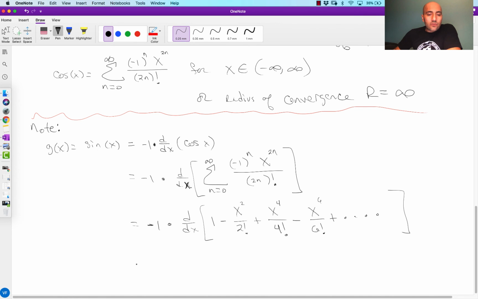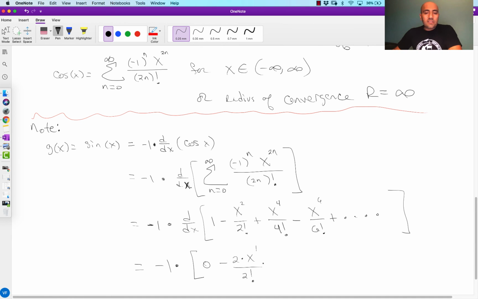Okay, so now we can take derivatives one term at a time. This is -1 times... the first one is going to be 0, so we'll end up with a 0. Now the derivative of the next one, remember, it's just with respect to x, so this is some constant, some number. Don't worry about the derivative of 2 factorial; that looks messy, but it has nothing to do with the x. So it'll end up being minus 2 times x to the first power all over 2 factorial.